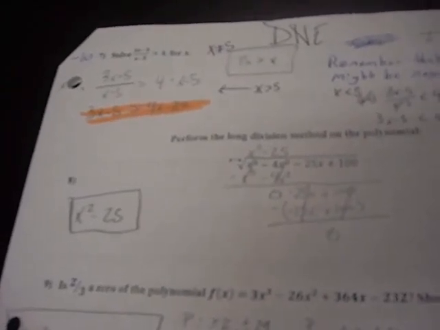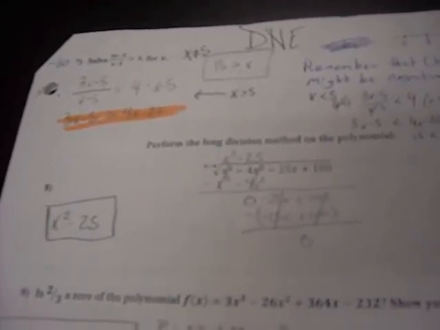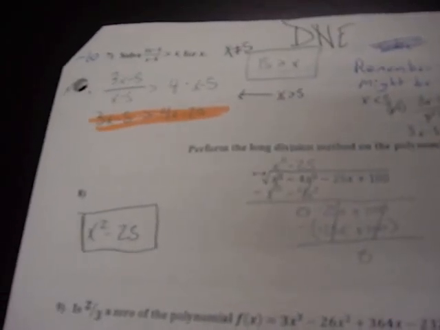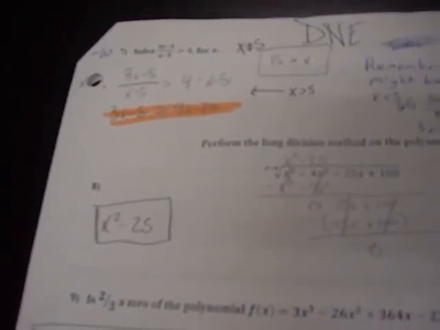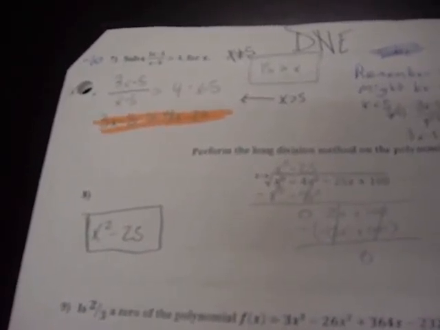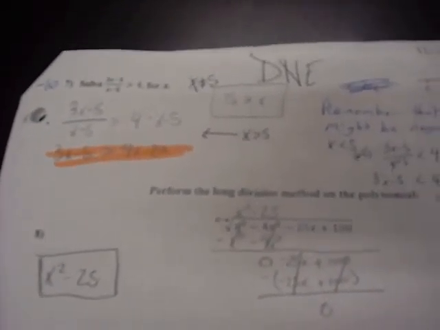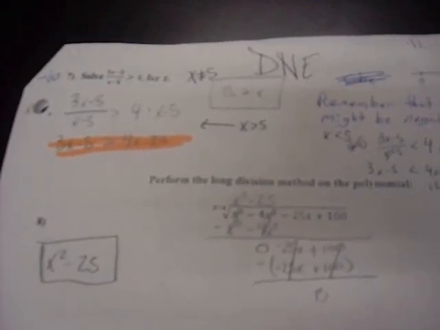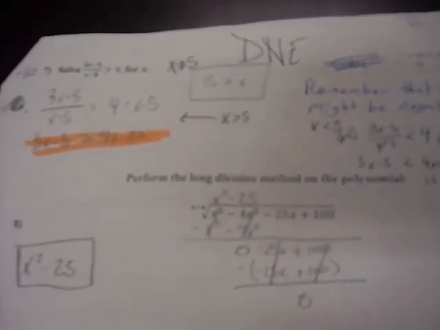And problem number 7 says, solve for x: (3x minus 5) over (x minus 5) is greater than 4. Now the key to this problem was remembering that part of the answer could be negative or positive. So you solve this problem.